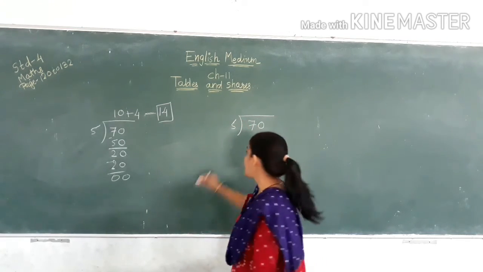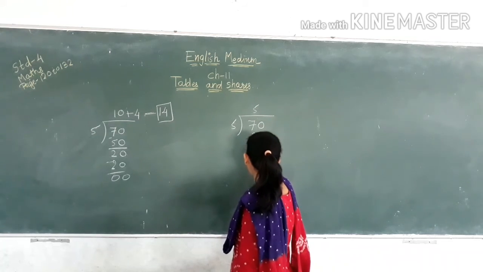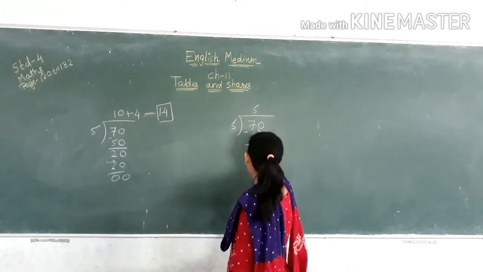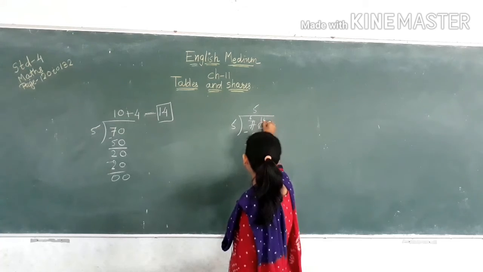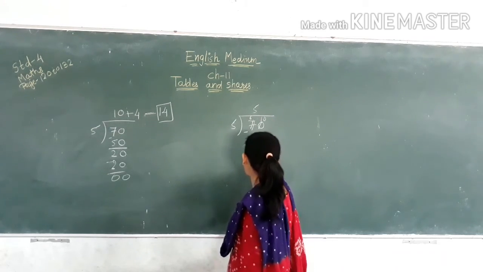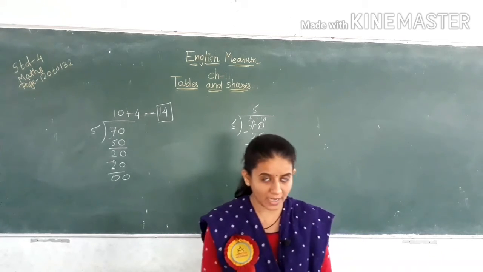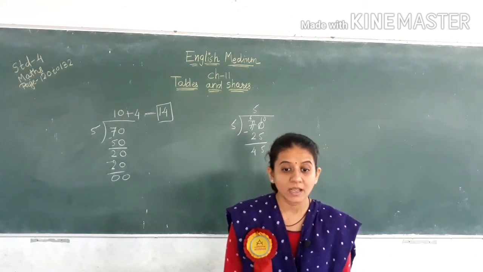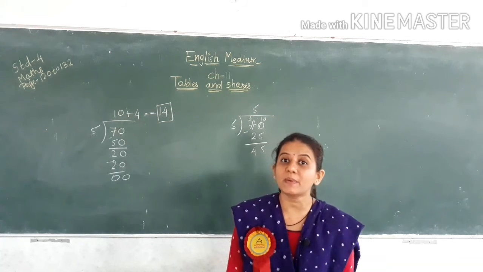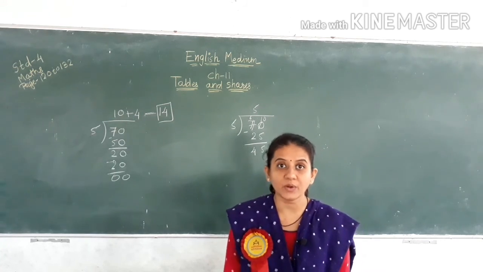So 5 5s are 25. 45 rupees are left. I have distributed 5 multiplied by 5 is equal to 25 rupees.